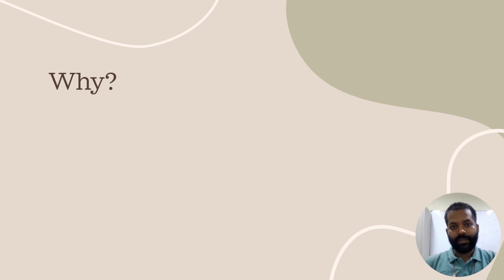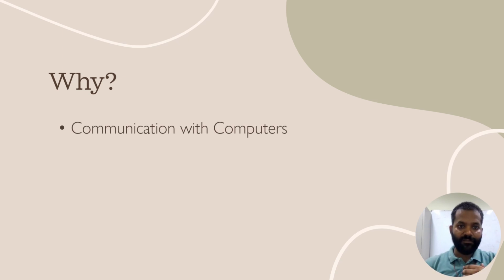That will be a problem, right? So whenever we have to communicate with the computer and tell it that this is my job, you have to finish this, then we need a programming language which the computer understands. That's why we are learning the computer's language. So to tell it that this is my job and you have to finish it, this is one of the reasons. Whenever we have to communicate with computers, we need a programming language.